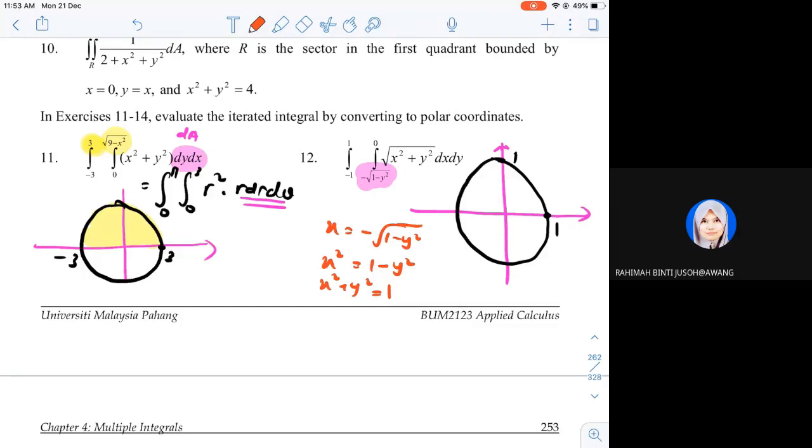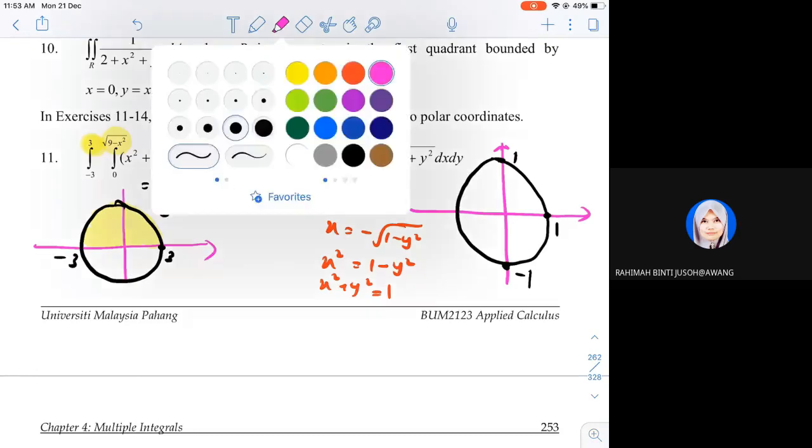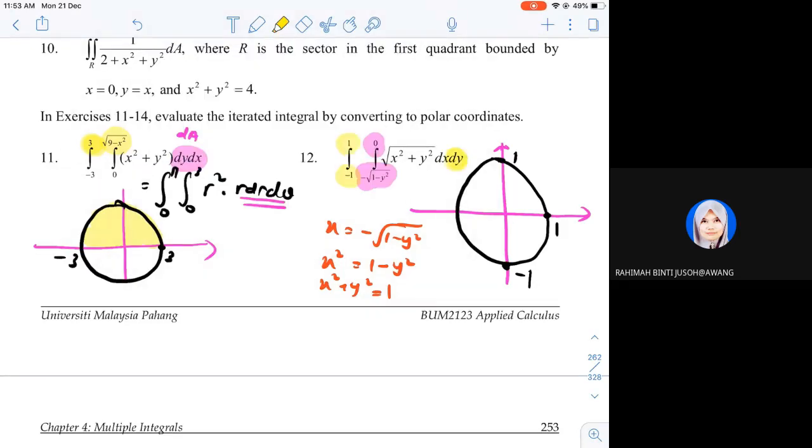However, it said that x goes from negative until 0. So which side is it? Y from negative 1 until 1, that's right. So where is it? Is it the bottom? Are you sure it is the bottom?